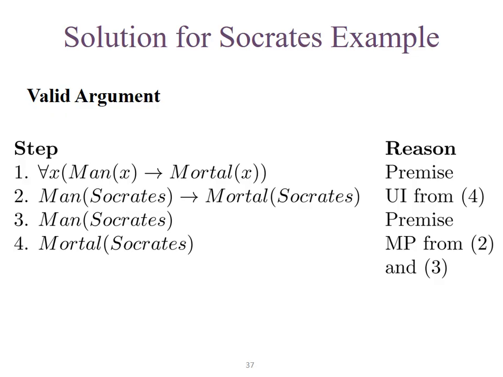Then we can apply universal instantiation to find a particular element. That element is Socrates. So if Socrates is a man, then Socrates is mortal. And by the second premise, Socrates is a man. So we have steps 2 and 3, and we can apply modus ponens to indicate that Socrates is mortal.